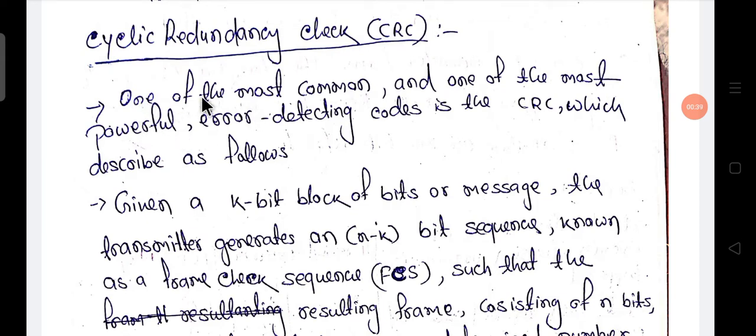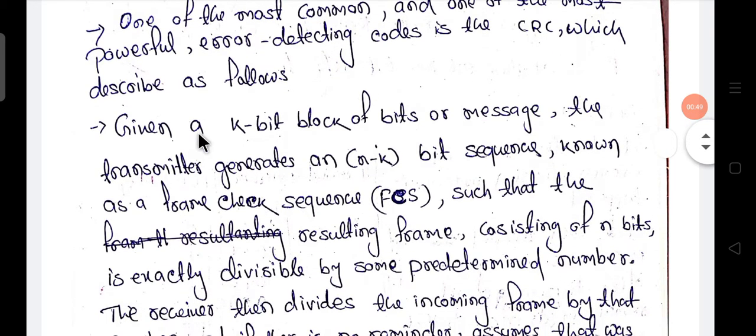One of the most common and one of the most powerful error detection codes is the CRC, which is described as follows. Given a k-bit block of bits, or message, k number of bits are there in the block of message which we want to send.